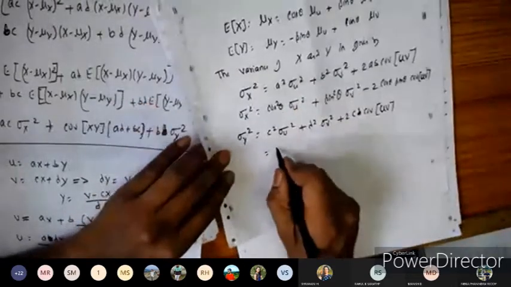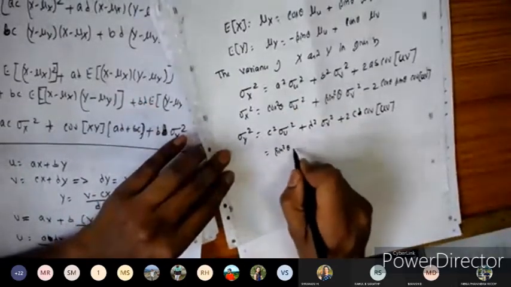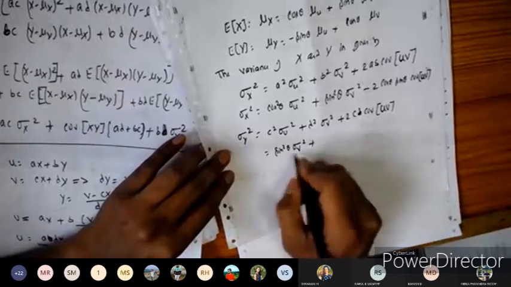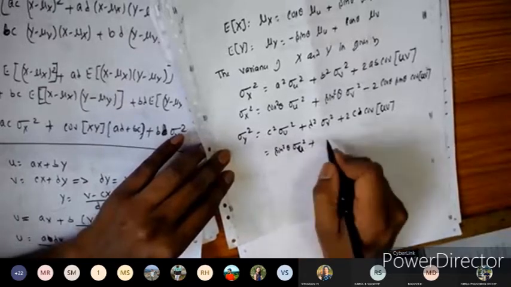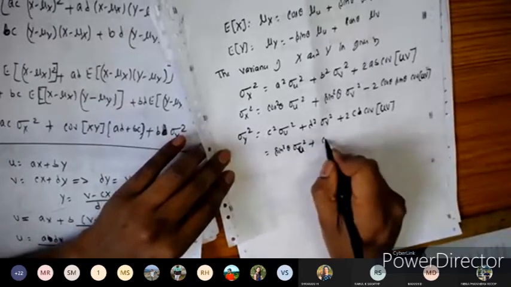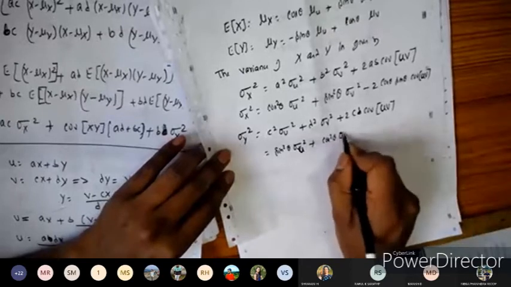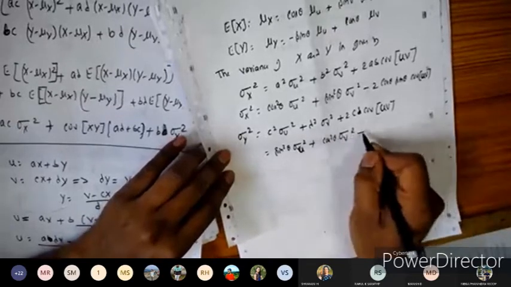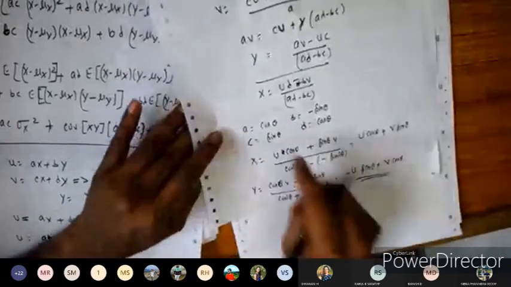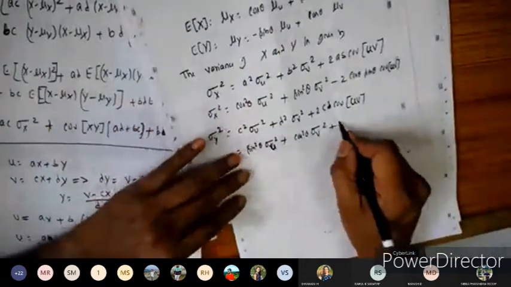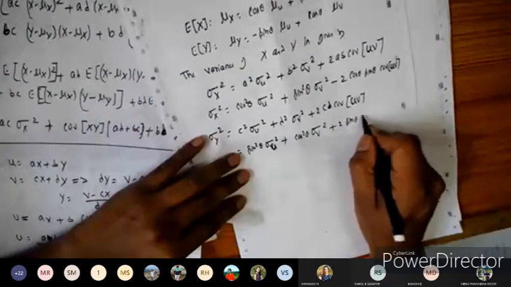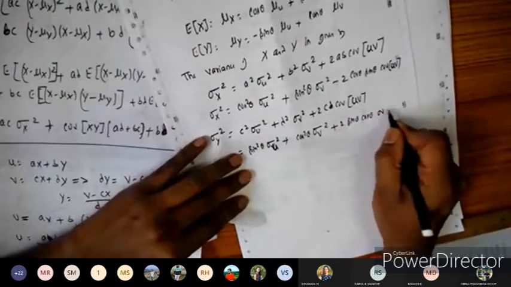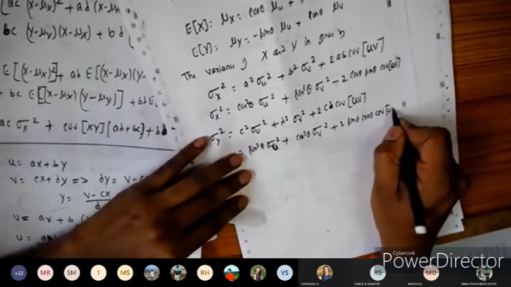So it is sin square theta into sigma u square, and cos square theta into sigma v square plus, here both sin and cos are positive, so we can say plus 2 sin theta into cos theta into covariance of u and v.